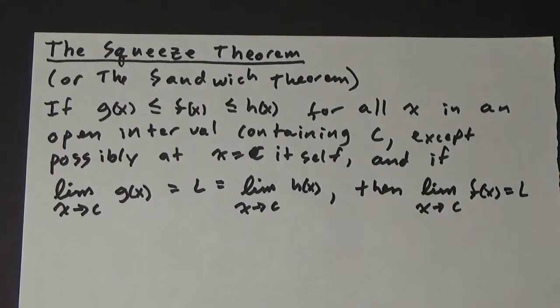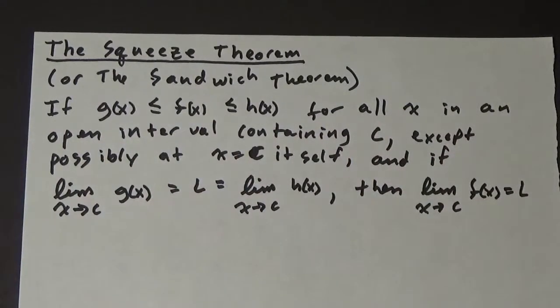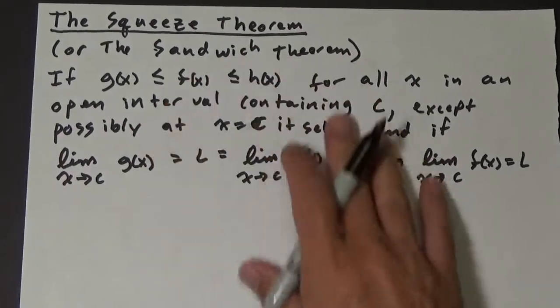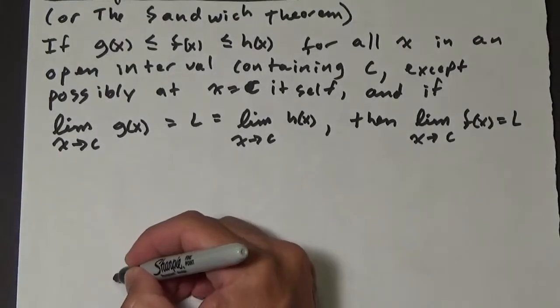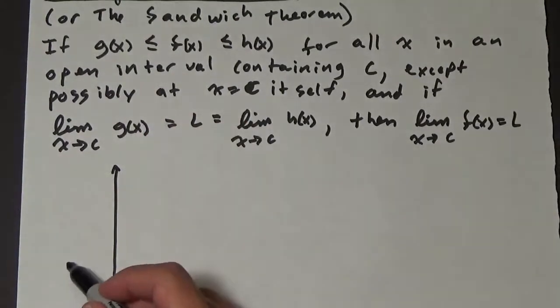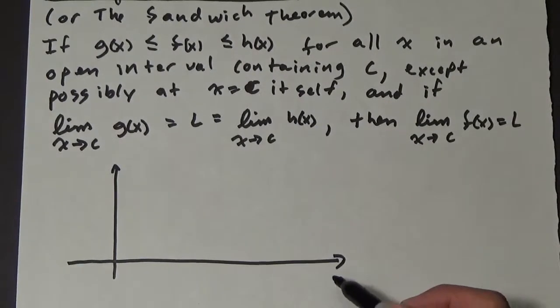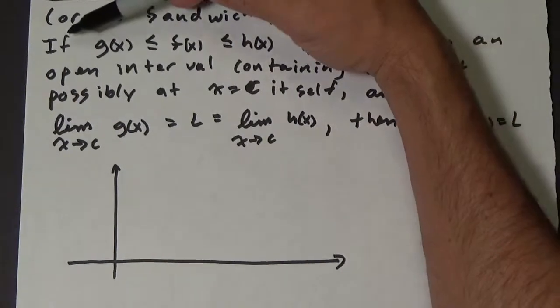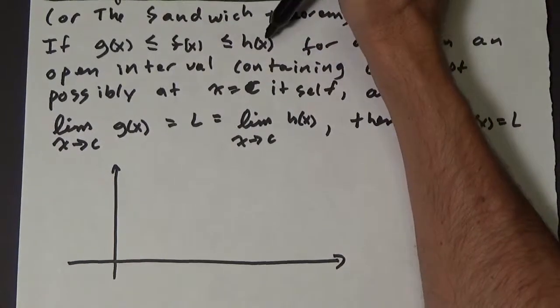Okay, so this is a little complicated, but once we break it down, I think it's a fairly straightforward theorem, and it does make sense. The best way to understand this theorem is by using a little diagram, a little figure, showing what's going on. The first thing is we need g of x, f of x, and h of x.